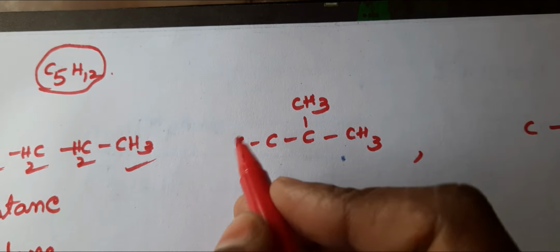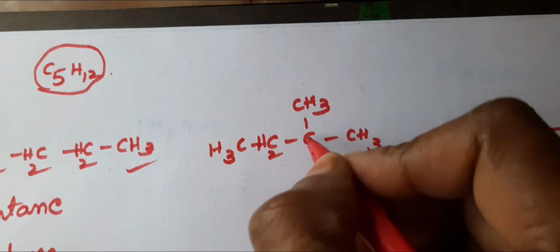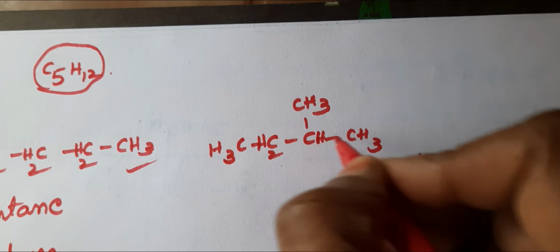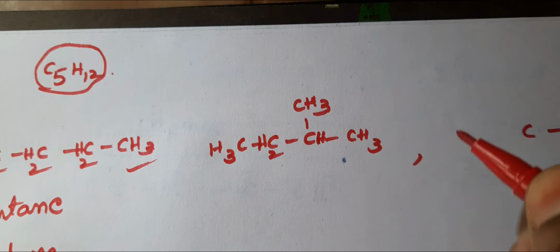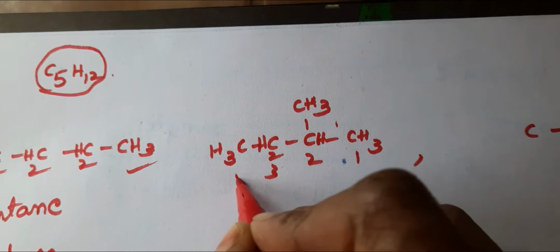Here it has a branch: CH3 and CH2. This carbon already has 3 bonds, so I write only one hydrogen. Now write the numbering 1, 2, 3, 4.